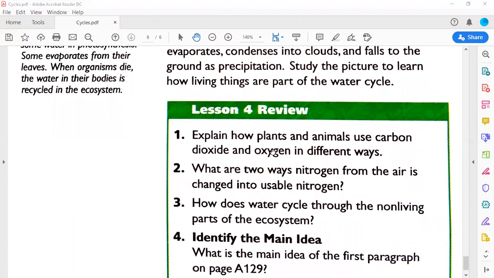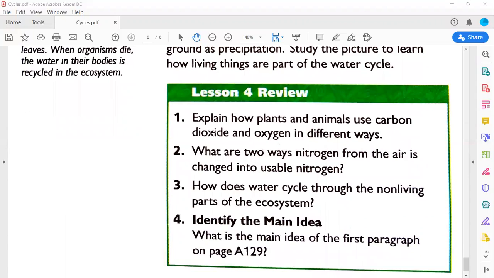All right, so lesson 4 review. We're going to go ahead and work on this lesson 4 review. And number 1, I'm going to put you in breakout rooms to work separately on the 4 different questions, okay? So group number 1 is going to work on the first one. Explain how plants and animals use carbon dioxide and oxygen in different ways.